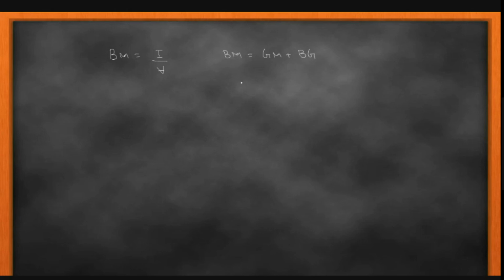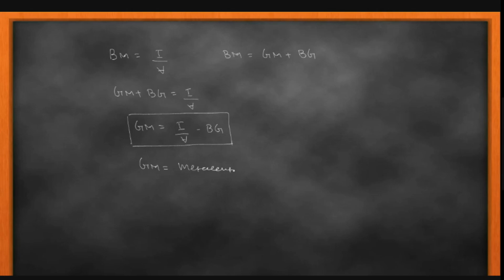If we make the subject, we get GM plus BG equals I by V. So finally we get GM equals I by V minus BG. This is our final expression to find the metacentric height of an object, where GM is the metacentric height.